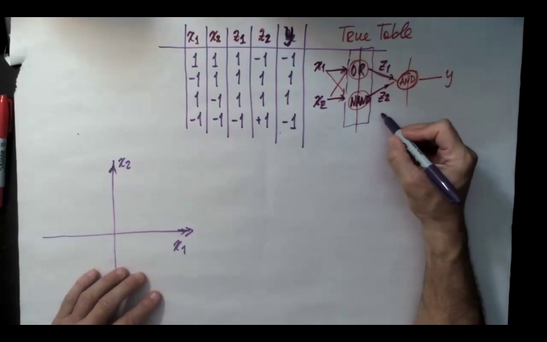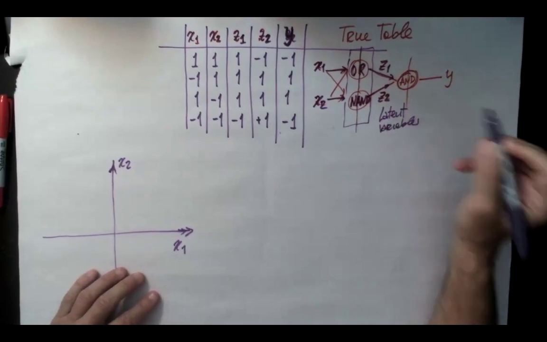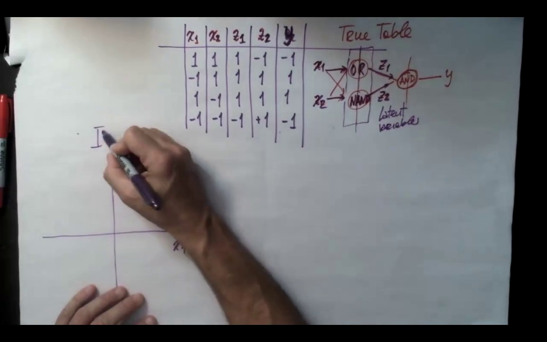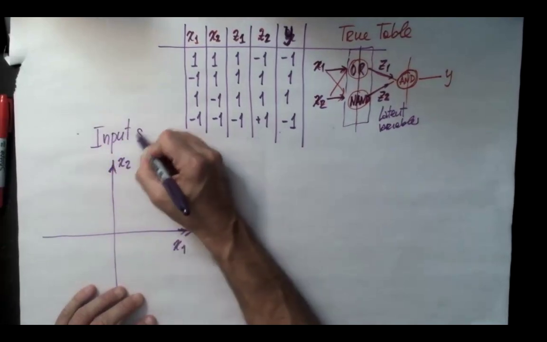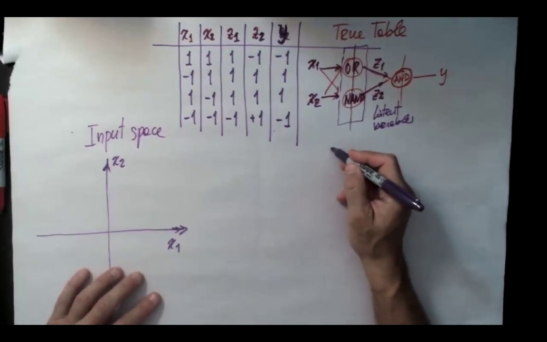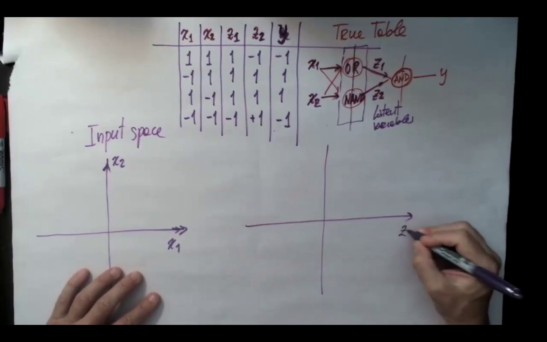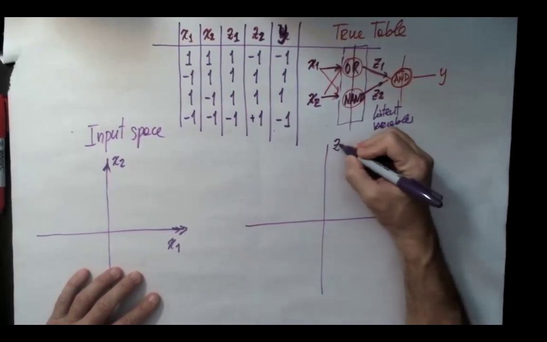These are basically the latent variables, and here we will have our latent space.